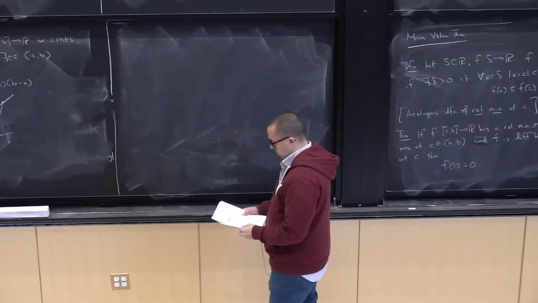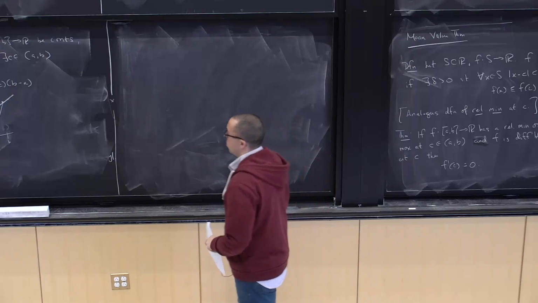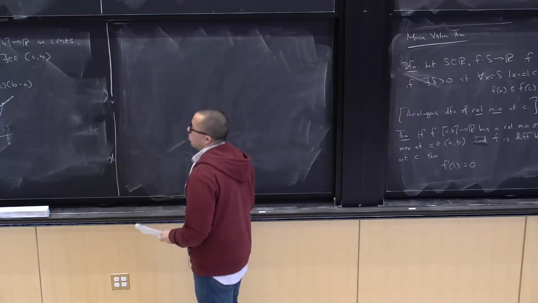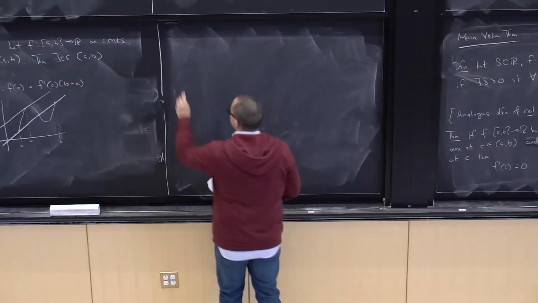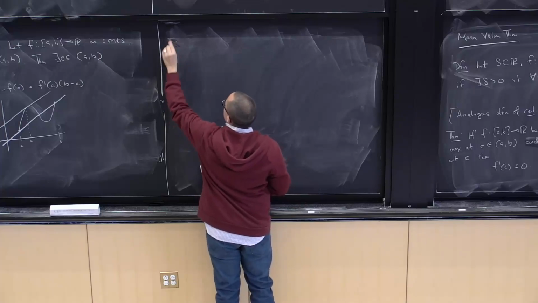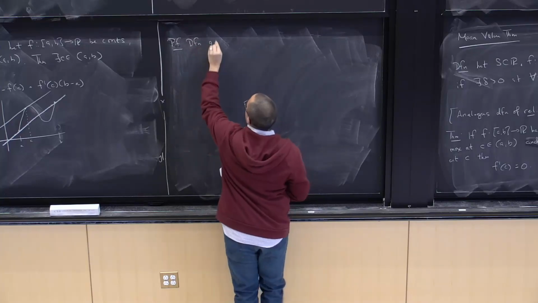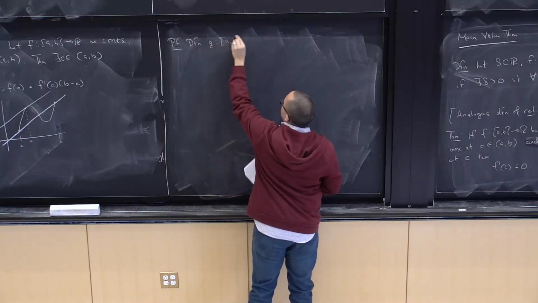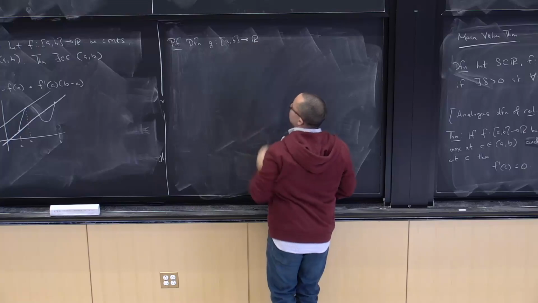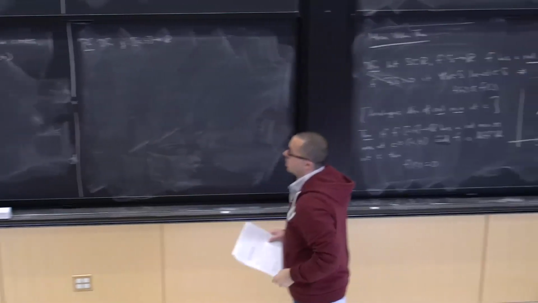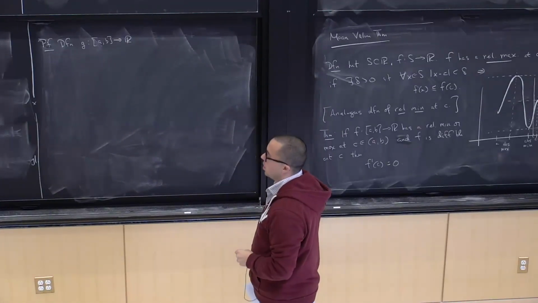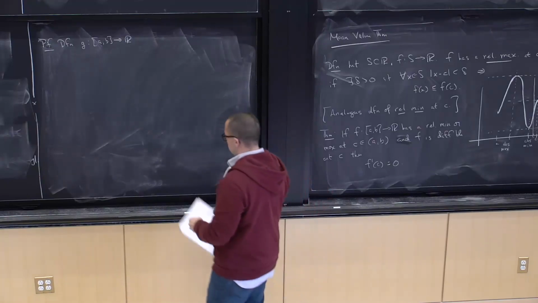Okay. So this theorem really does reduce to Rolle's theorem. So let me define a function g from [a,b] to R, which satisfies the hypotheses of Rolle's theorem and will give us what we want, basically.